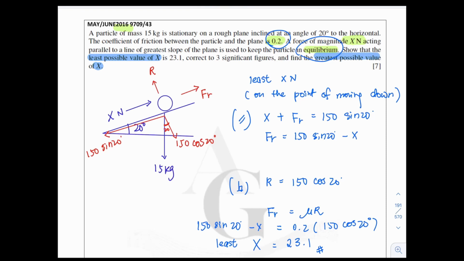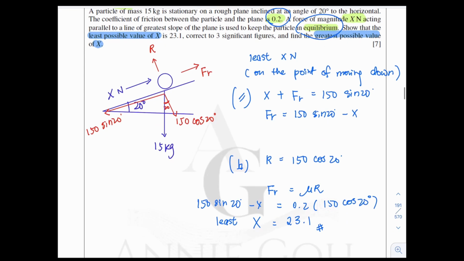So for now, let's move on to the second part of the question, which is about finding the greatest possible value of x. Let me jot down here. Greatest x.